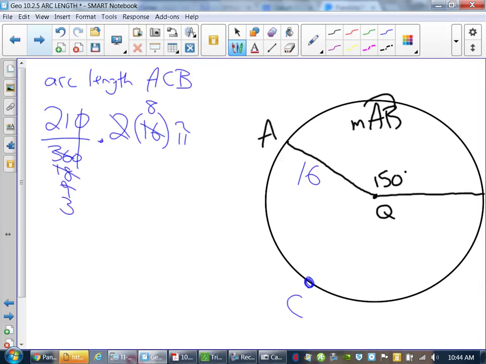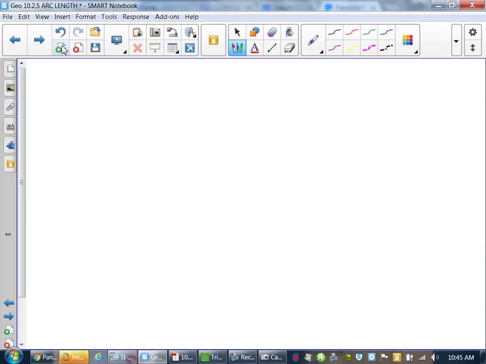This is a 3. That's a 7. And I get 56 pi over 3. If 150 is the AB, going the other direction would be 210, because how many degrees are in a circle? Don't freak out about this, guys. It's just 210 over 360.